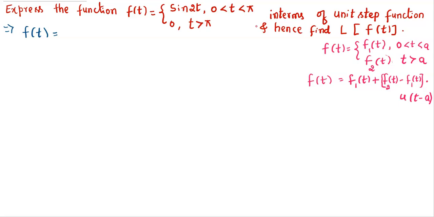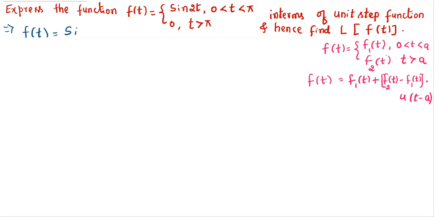In the present problem, our f1 of t is sine 2t and f2 of t is defined as 0. So let me adopt this property now.